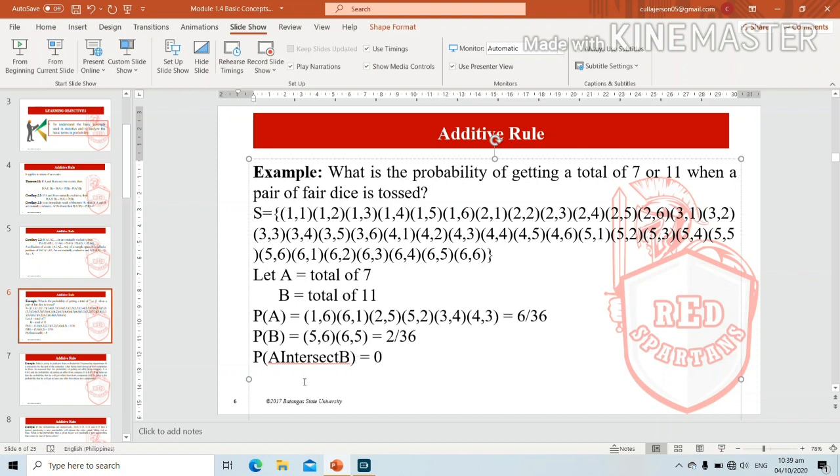Then makukuha na natin ang probability of A union B is equal to 6 over 36 plus 2 over 36, or equal to 8 over 36. Sa decimals, 8 over 36 is 0.22. Yan ang ating answer for example number 1.